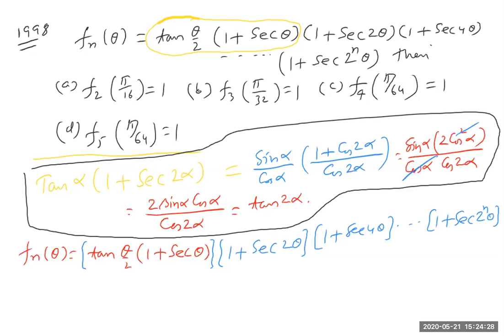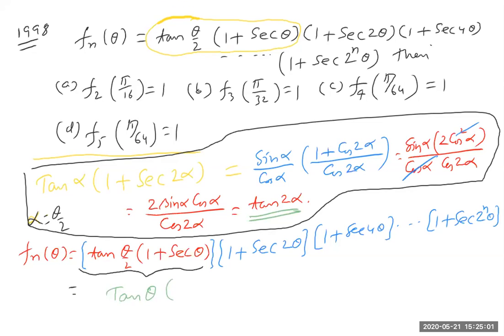Now in this, if you observe this quantity here, alpha is how much? Theta by 2 for this first blue bracket. If I put alpha equal to theta by 2, I will get tan 2 alpha, meaning this quantity is nothing but tan theta. Alpha is theta by 2.